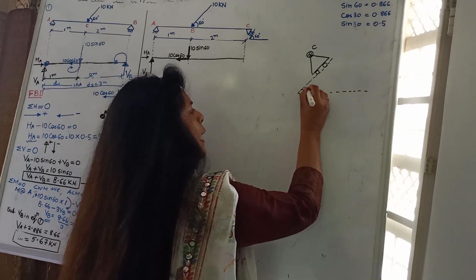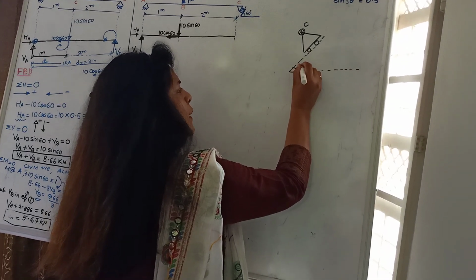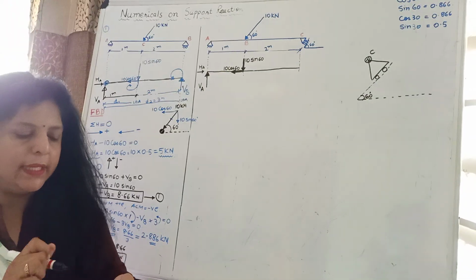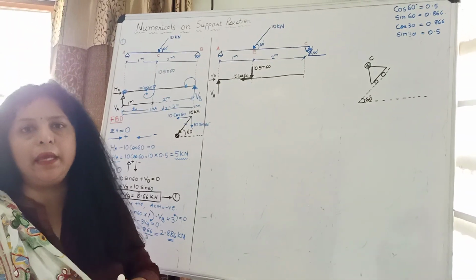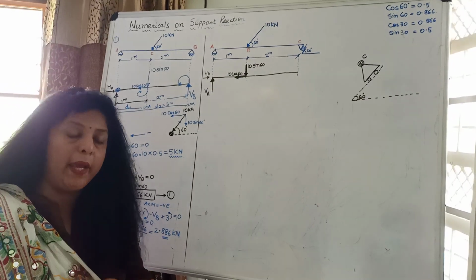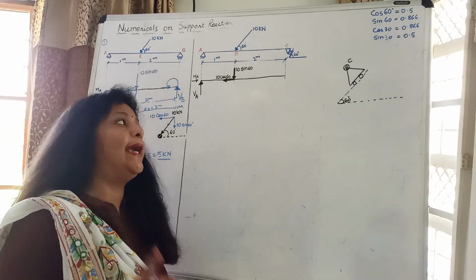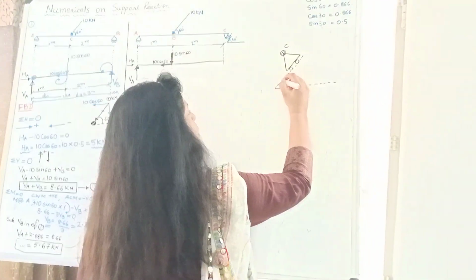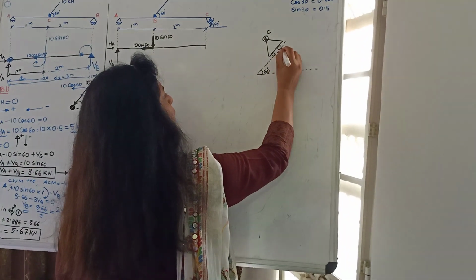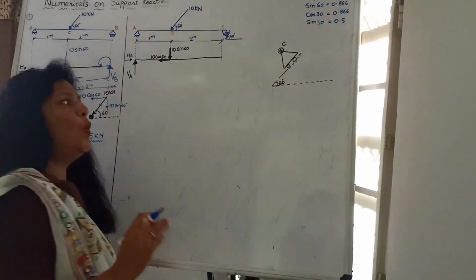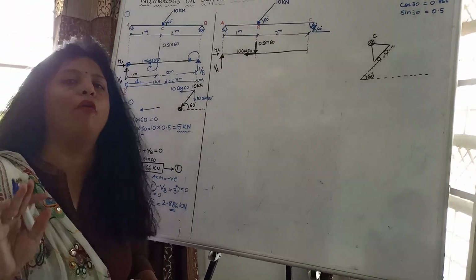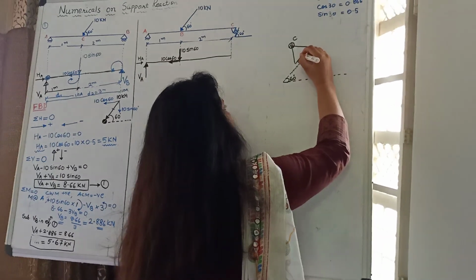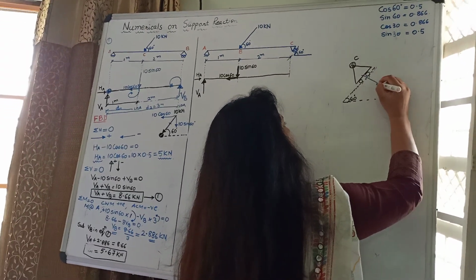What is the reaction? We have already discussed that a reaction is always produced at an angle of 90 degrees to the surface. The surface over here is inclined, so the reaction will be at 90 degrees to this particular plane. So it will be in this particular way.